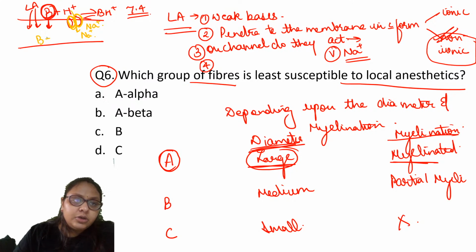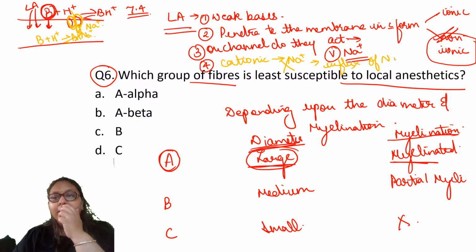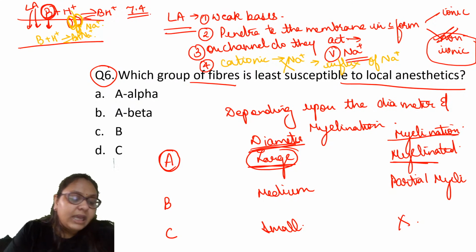In the cationic form, remember, they block these sodium channels and therefore influx of sodium does not take place and therefore the impulse is not conducted.